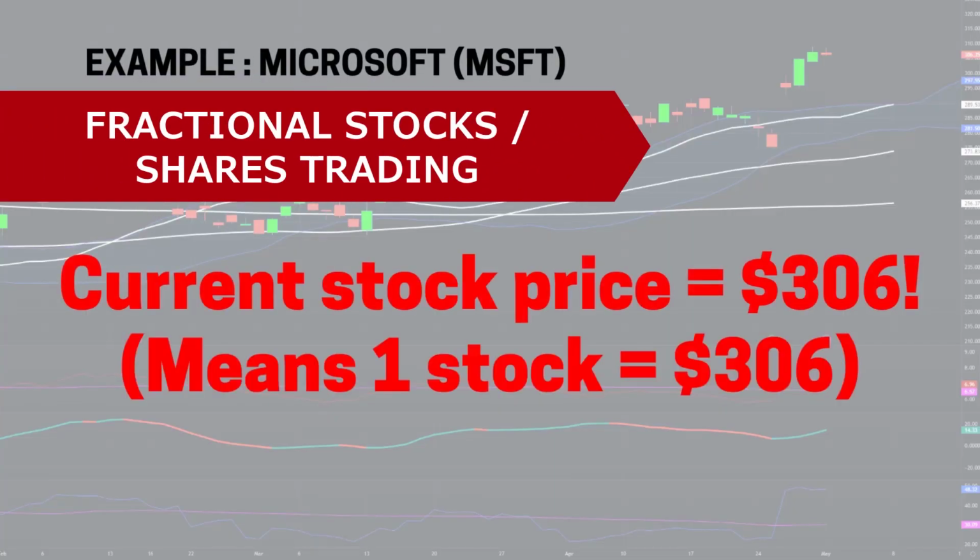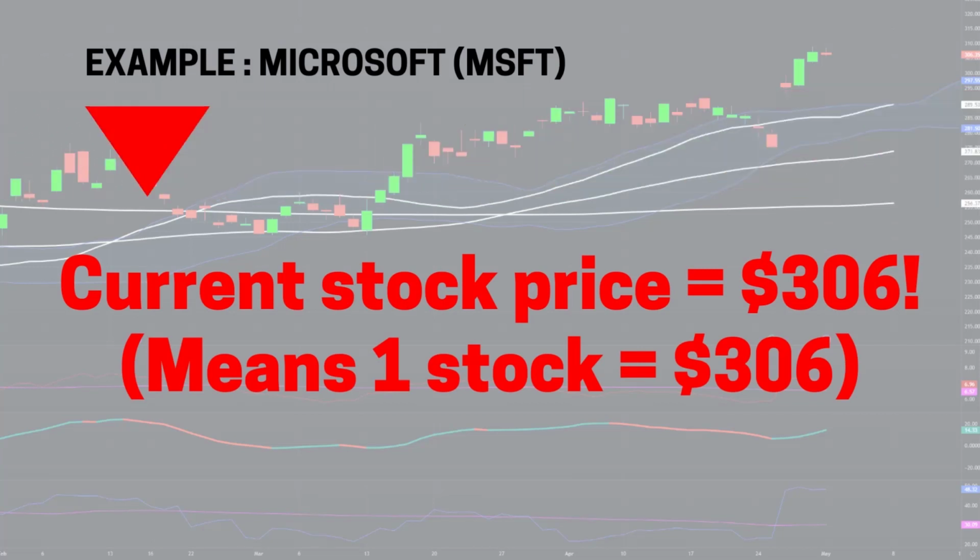But before we get into the step-by-step process of accessing those stocks, let me just tell you a bit about the secret behind it. The way around it is something called fractional stock or share trading, and to make that simpler, we're going to look at an example. We're going to look at Microsoft, the big US tech company.